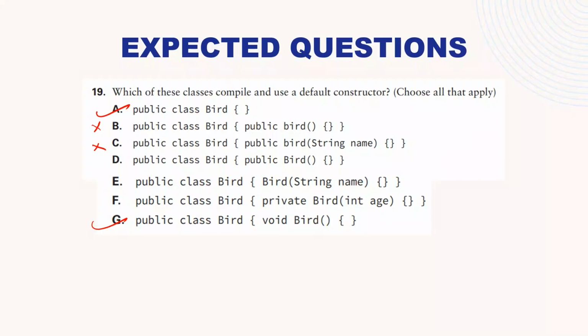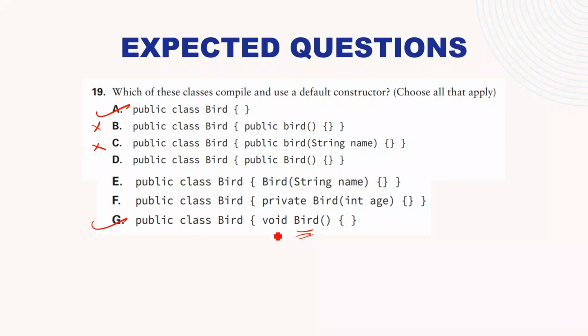Options D, E, and F all compile and provide one user-defined constructor, right? They provide one user-defined constructor. Since a constructor is coded, a default constructor isn't supplied. All right. Now option number G, it defines a method. Now this is where it gets tricky. People think that this is a constructor, but that is not a constructor.